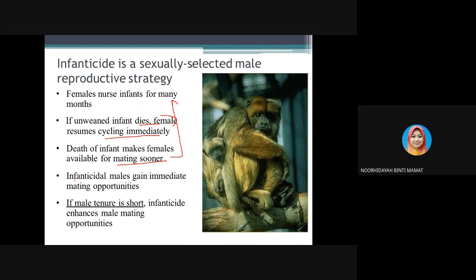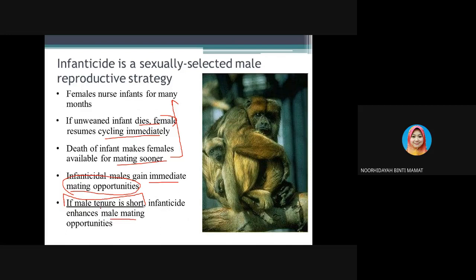So the infanticidal males will get immediate mating opportunities. If the tenure of the male is short, because of the outsiders that pressure the resident males, then infanticide enhances the male's mating opportunities.